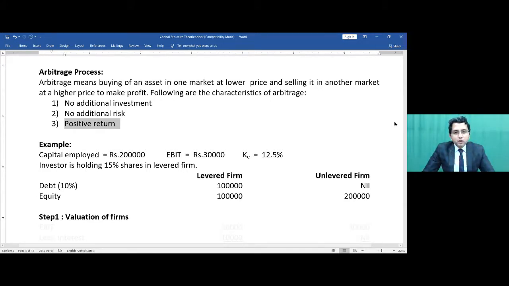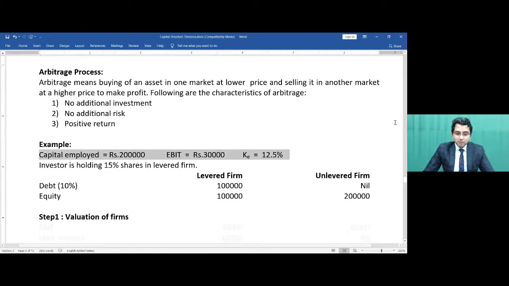So an arbitrager not only makes profit for himself, but also converts any disequilibrium in the market into equilibrium. Arbitrage is possible in case of foreign exchange, in case of forwards, futures, options, derivative contracts, portfolio management, anywhere. Whenever there is a disequilibrium, you can do arbitrage. Modigliani and Miller also use the concept of arbitrage to prove their approach.